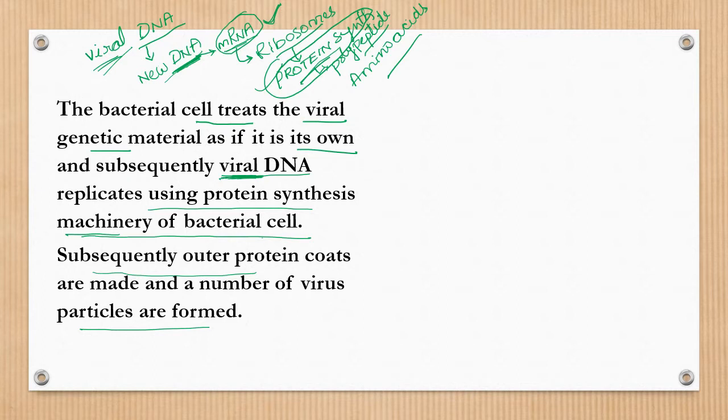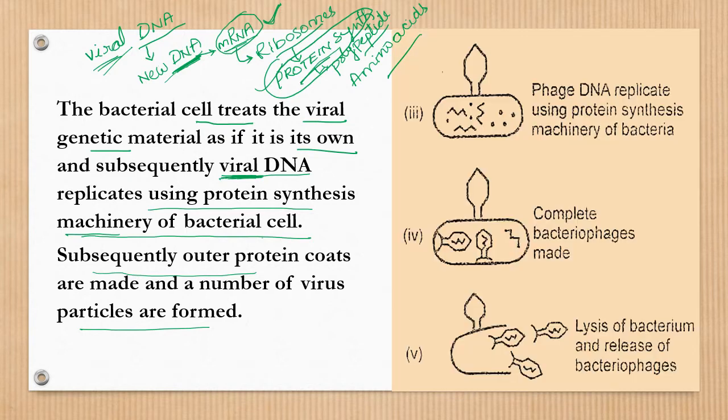That means new offspring of the virus are formed within the bacteria. After formation, the viruses split the bacterium and come out. Let's see, so now here the bacteriophage, where is it?